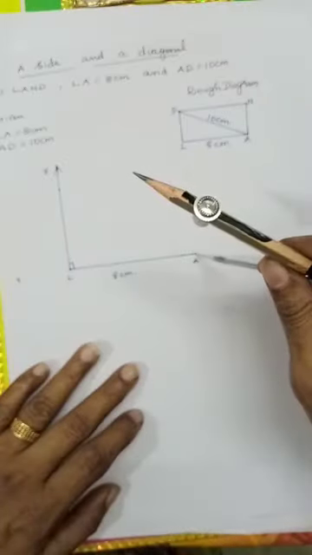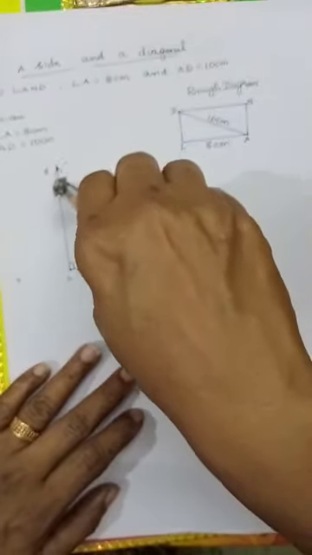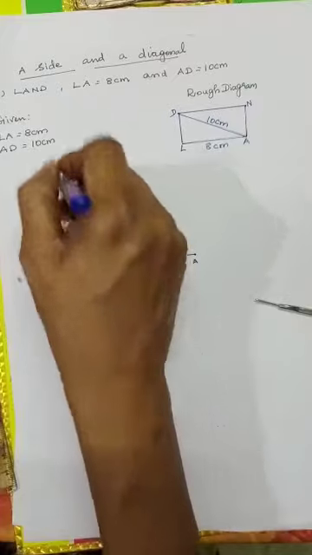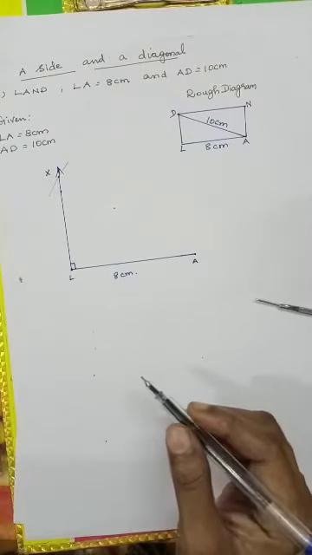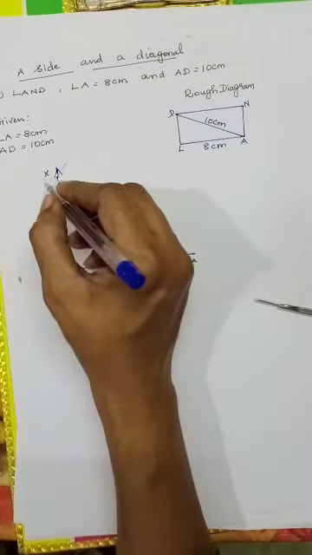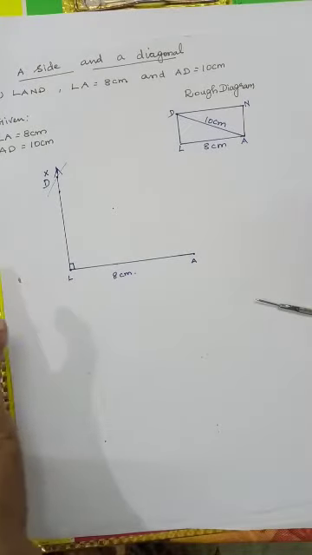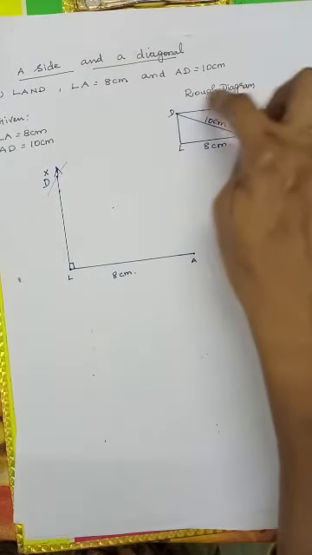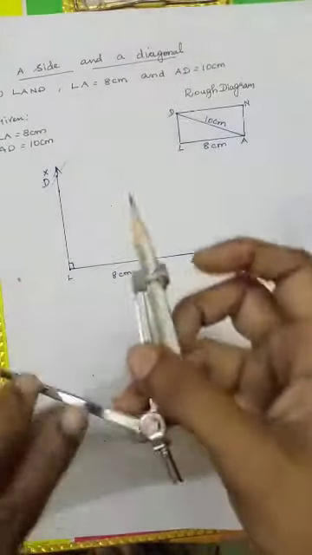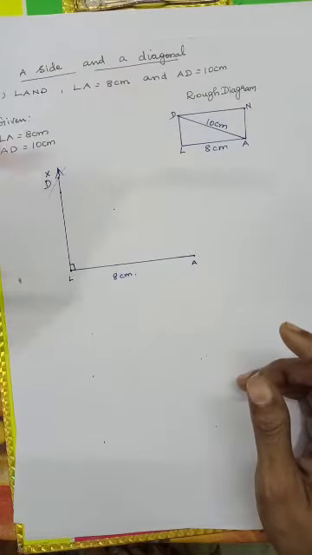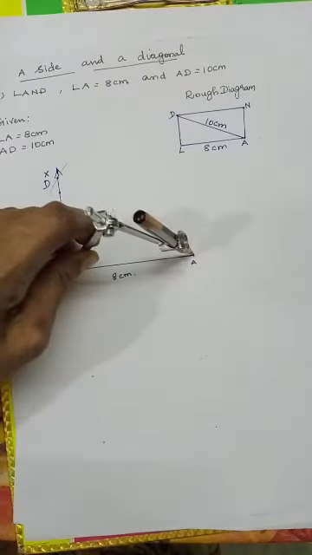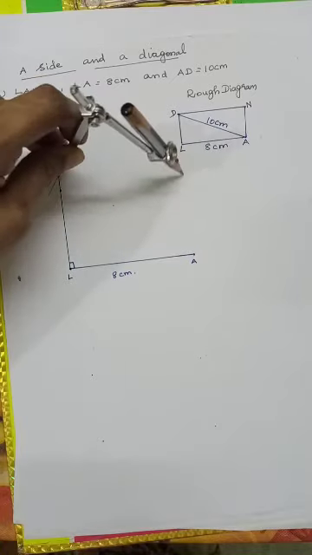And now draw an arc from A to X. Give this point. Okay. Keep the center point here. Name the point as D. Now with this center you have to draw, opposite sides are equal, no? So with this center you have to draw an arc. The D as center, draw an arc of 8 centimeter. Take an 8 centimeter here now. So using the 8 centimeter you draw an arc here.